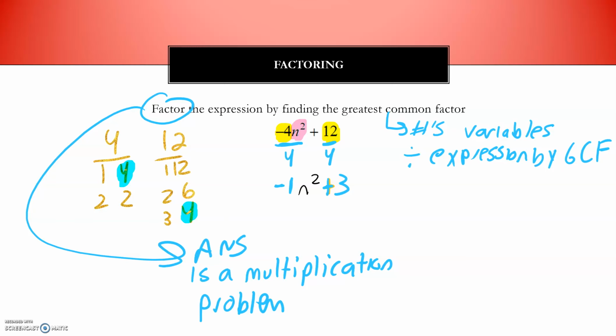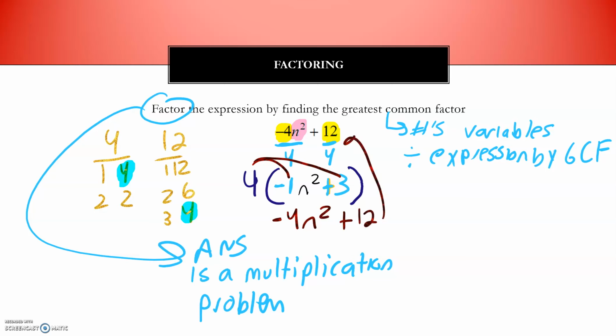And then because it's a multiplication problem, I'm going to take what I divided by and put it back out front. And to check, if I multiplied this out, 4 times negative 1 is negative 4n squared, plus 4 times 3 is 12. That's exactly what I began with.